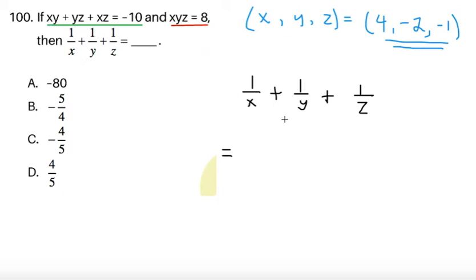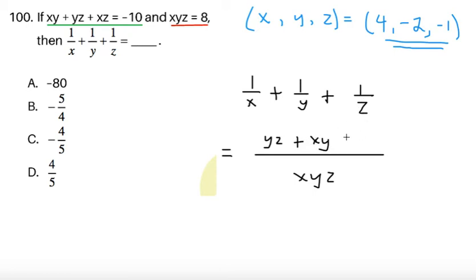To start, we're going to get the LCD, which is going to be xyz, since x, y, and z don't have any common factors. So the denominator is going to be xyz, and for 1 over x, I'll get yz. For 1 over y, I'll have xz, and then I'm going to add them.